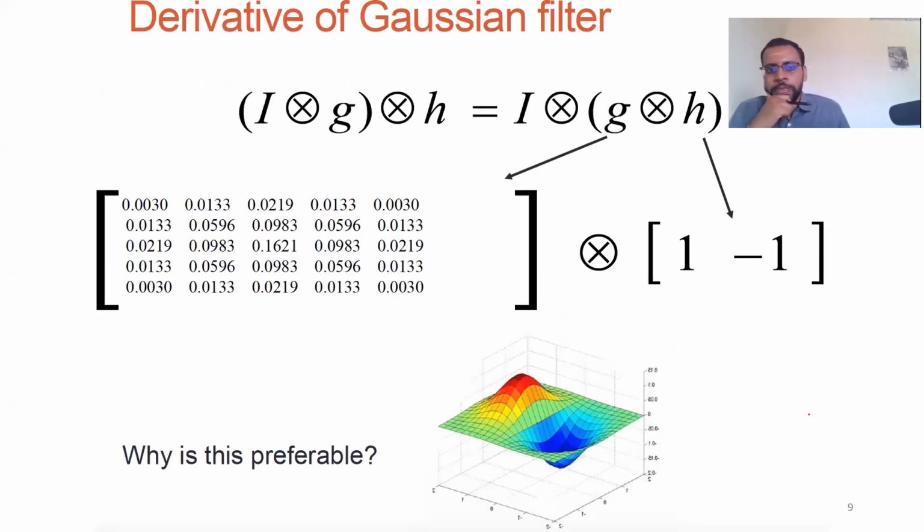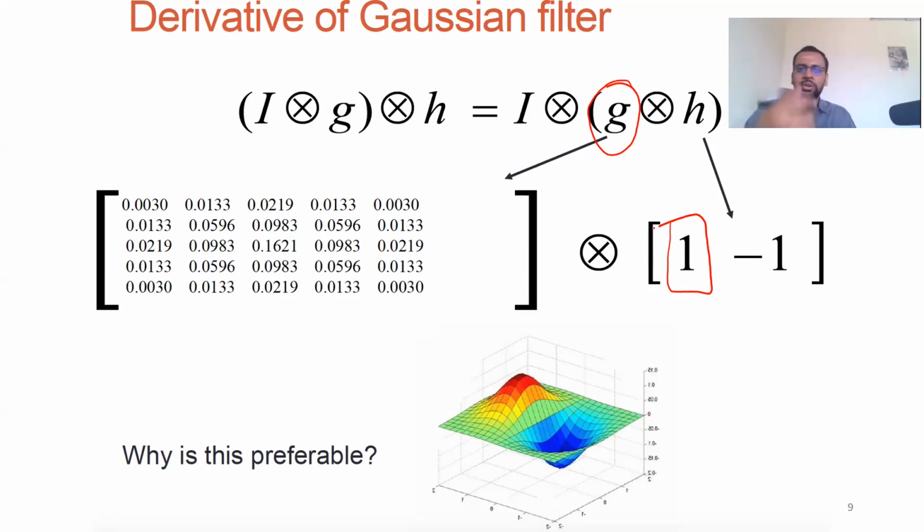In the case of a 2D Gaussian, you would take a Gaussian, and then depending on which edge you want to compute, you consider which should be the center here. Yes, you are convolving it, so the 1 and minus 1 would flip.